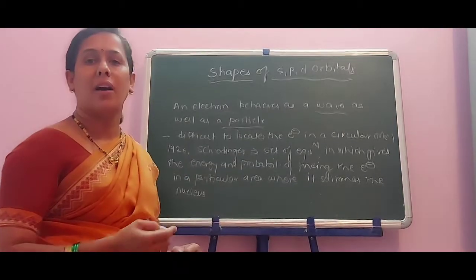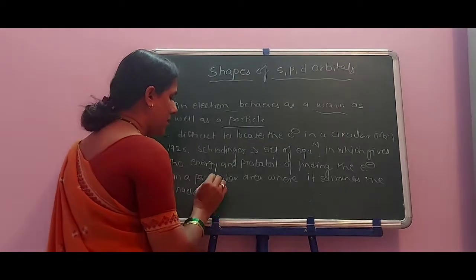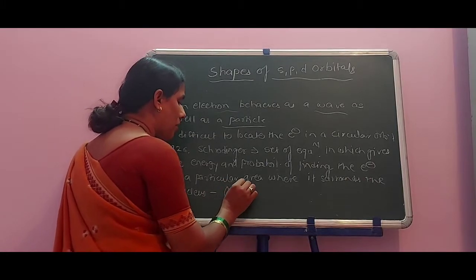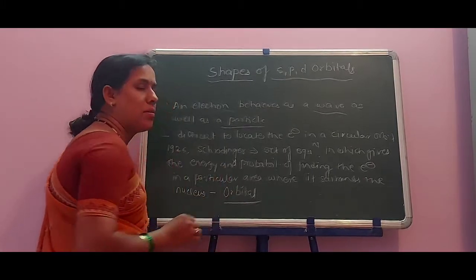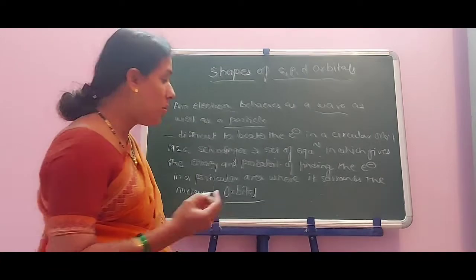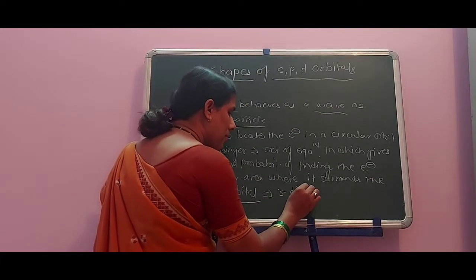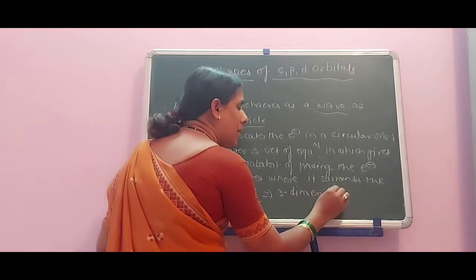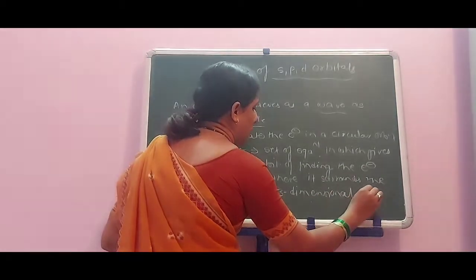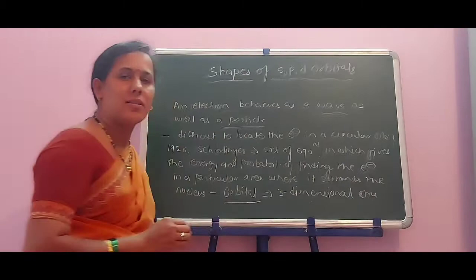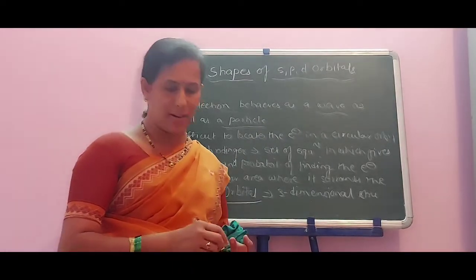Such particular areas are called orbitals, which are nothing but three-dimensional structures along the x, y and z axes.